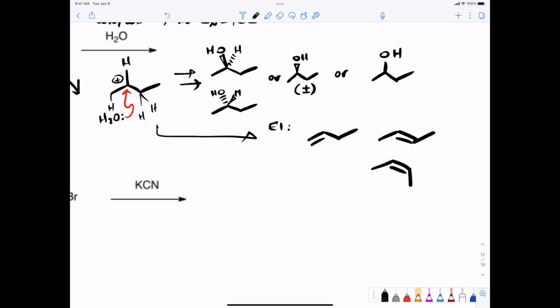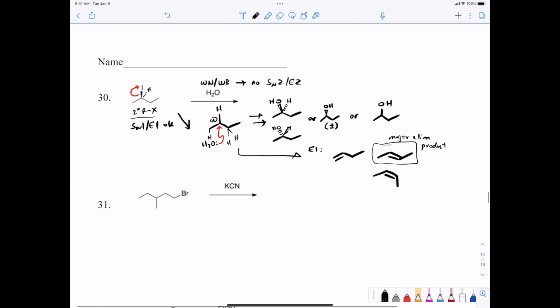If I had to pick a major product among the elimination ones, which would it be? The trans disubstituted, okay. Major elimination product. Notice I am not saying the major product because I don't know whether it's going to dominate over the substitution product.